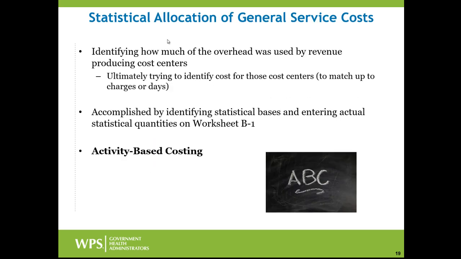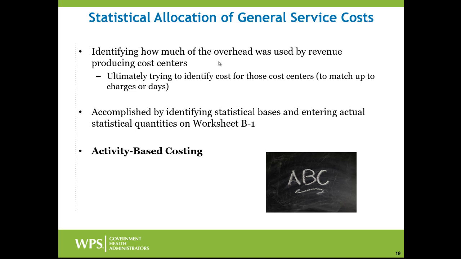So when we start talking about the statistical allocation of general service costs, the idea here is that we've directly assigned the general service costs to the general service cost centers, and now we need to figure out how much of that cost ultimately belongs with the revenue producing cost centers like routine and ancillary. How much of that underlying service did the emergency room use up?